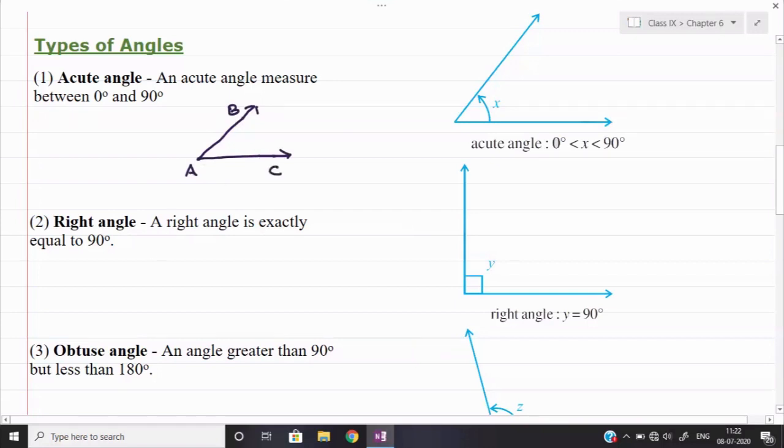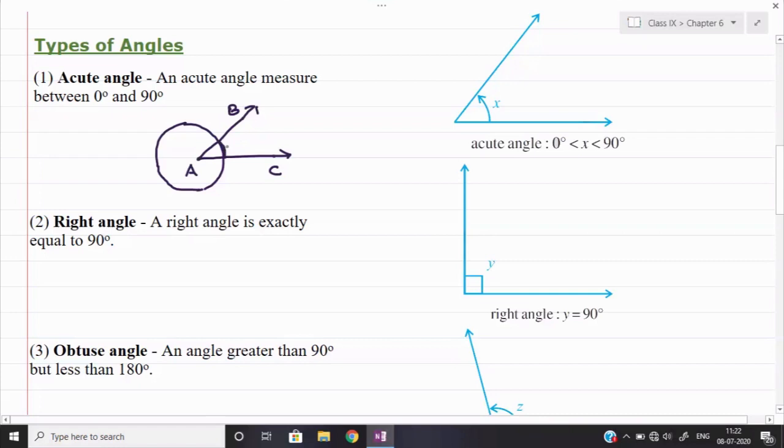So see, if I take the center as A and draw one circle like this, okay, I cannot draw very perfectly, but suppose I take center A and draw one circle, then you observe some part of the circle's circumference is coming between these two lines.